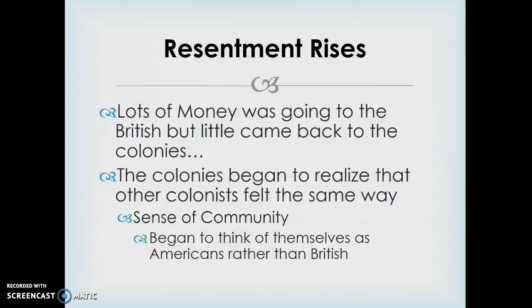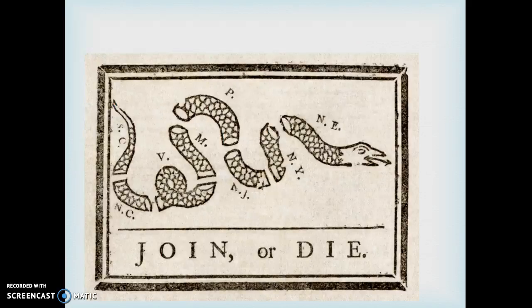And the colonies begin to realize that the other 13 colonies feel the same way, which leads to a growing sense of community, especially among the northern and mid-northern colonies. Americans begin to think of themselves as something different than the British. You guys remember this political cartoon from Ben Franklin?